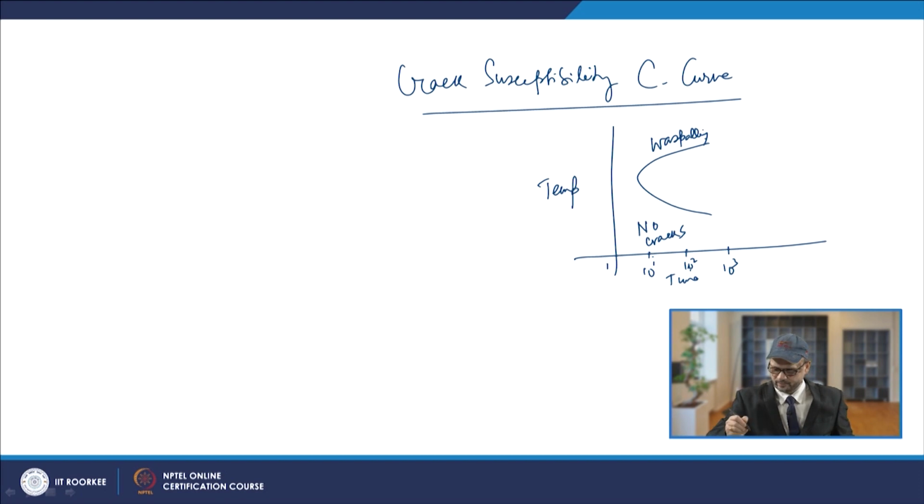And if you go for alloy 718, it goes like this. So, you have improved weldability in these cases, and the HAZ cracks are likely to form here. This is in degrees Fahrenheit: 1200, 1400, 1600 and then 1800.